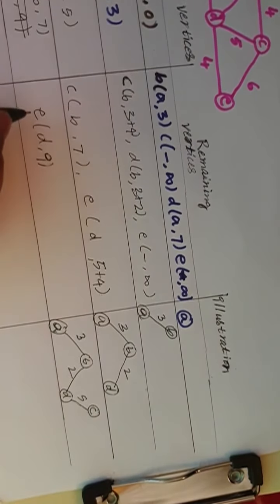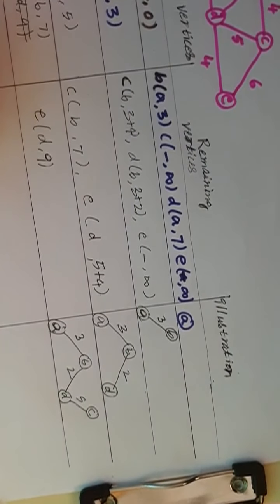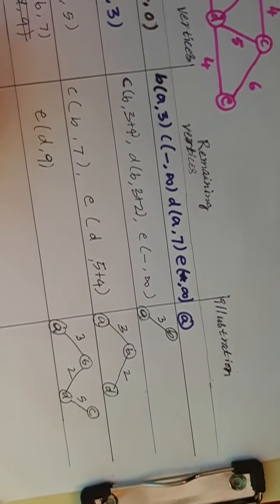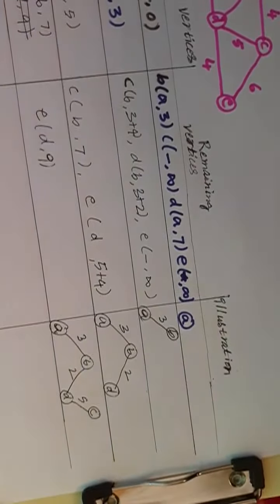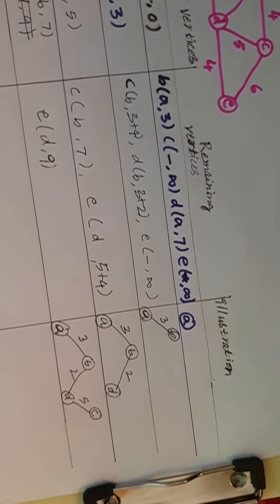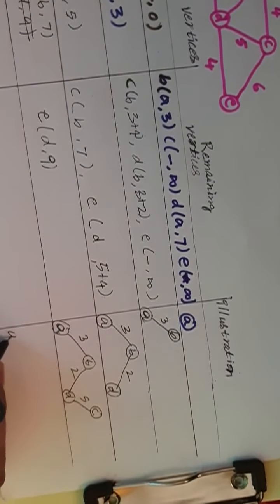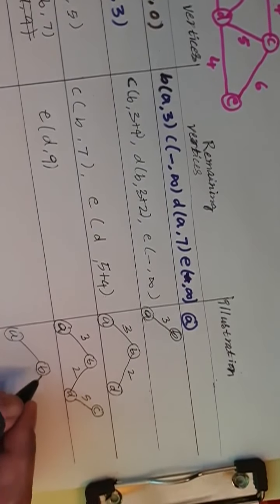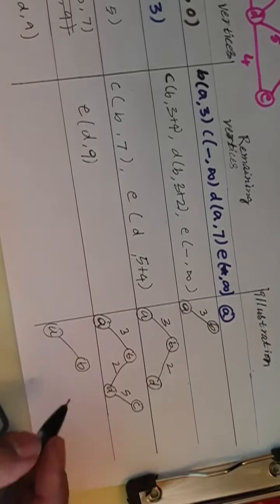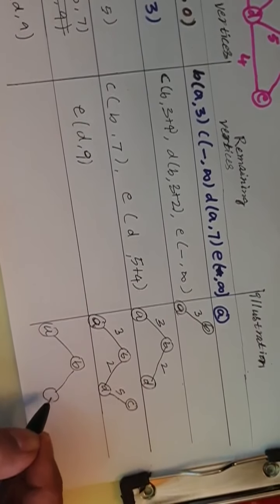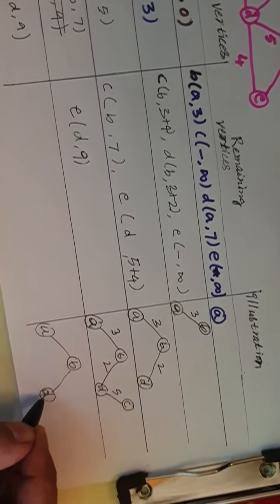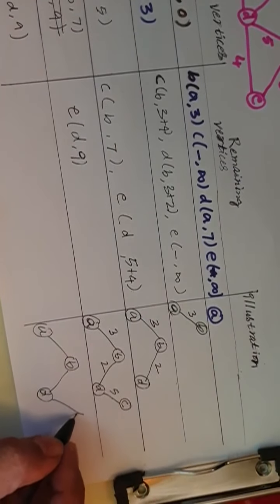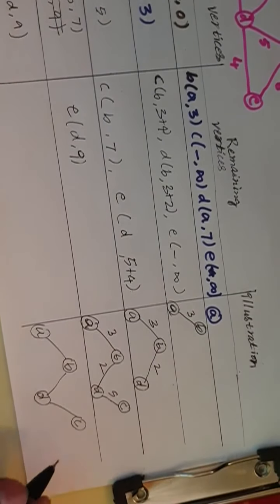Now the remaining vertex is only one vertex. Select that vertex also and insert into the tree. Now E is also inserted. So A, B, D, C, these vertices are already inserted.